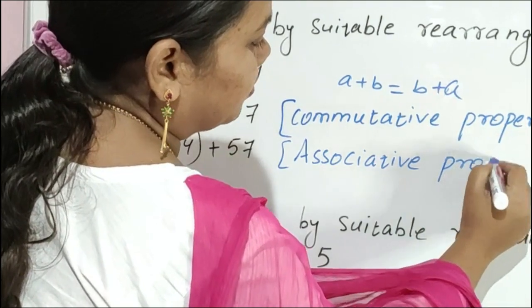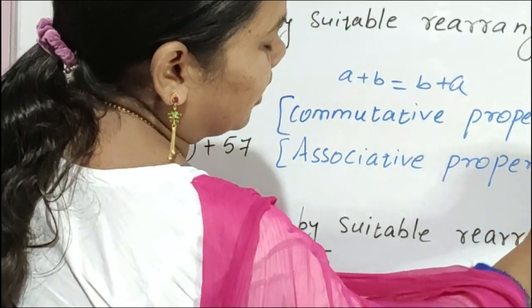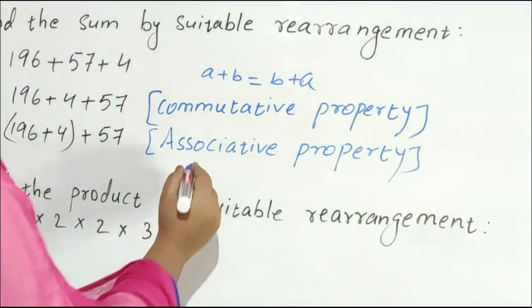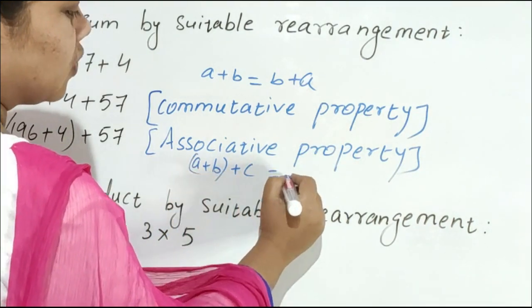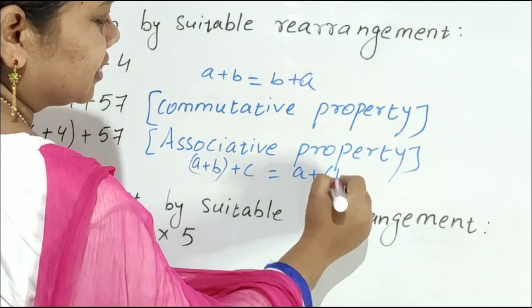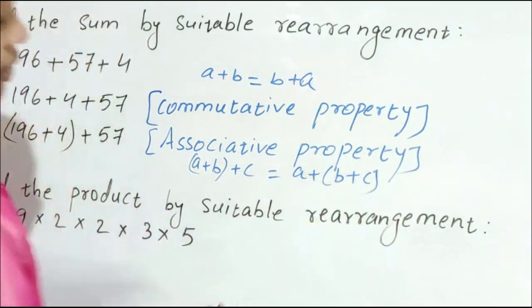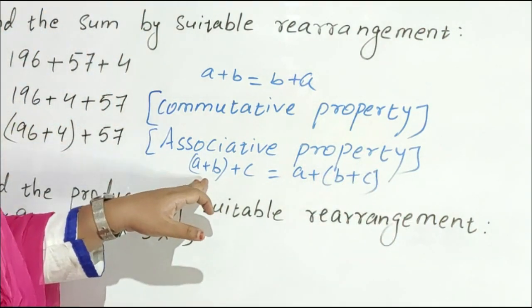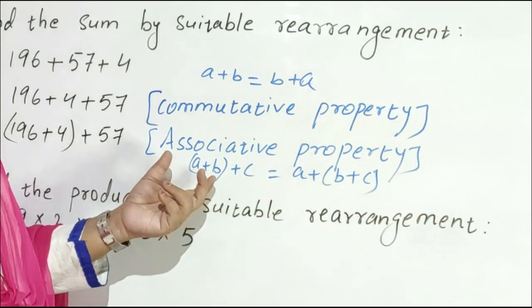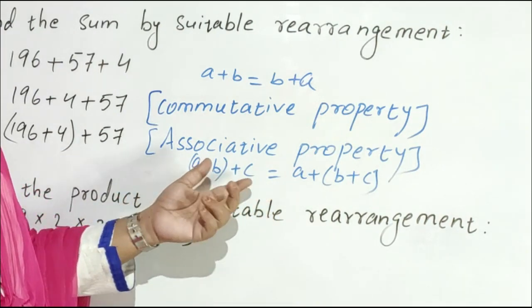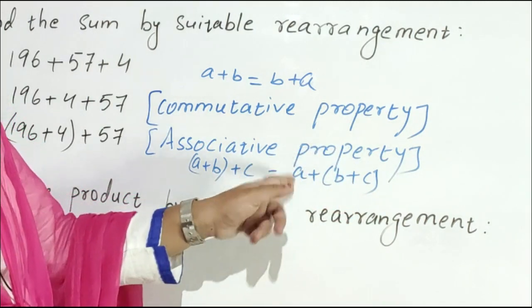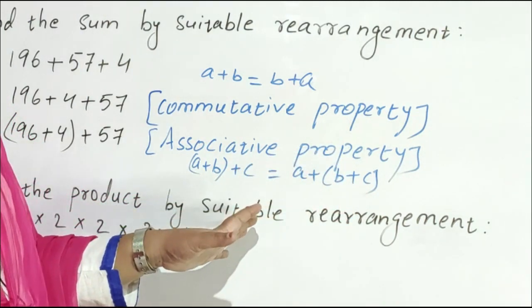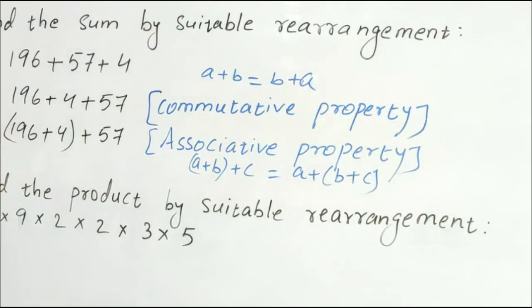According to the associative property, A plus B plus C is equal to A plus B plus C. To the sum of A plus B you add C, or to the sum of B plus C you add A. You will get the same sum. This is what I did.